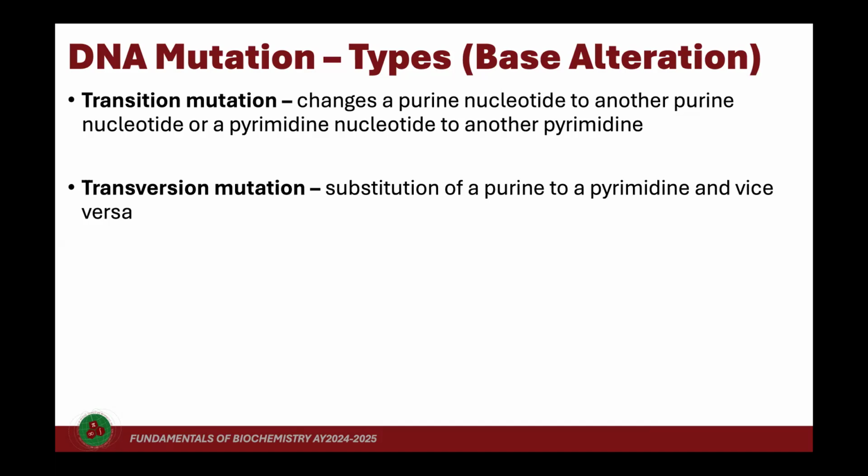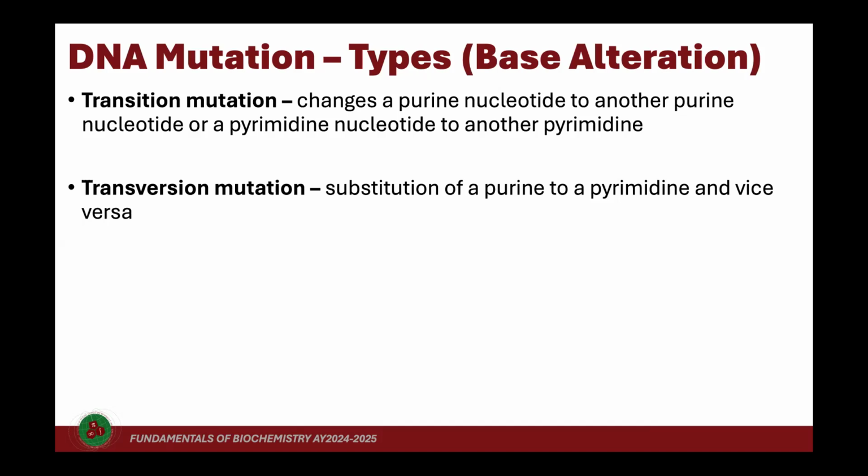So there are types of DNA mutation, and they can be classified by several factors or means. So you can have transition or transversion mutation if you are looking at how the base is altered. So sometimes the nitrogenous bases that you find in your DNA molecule can be altered.